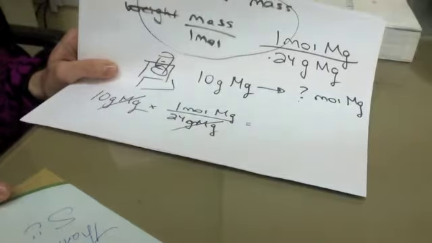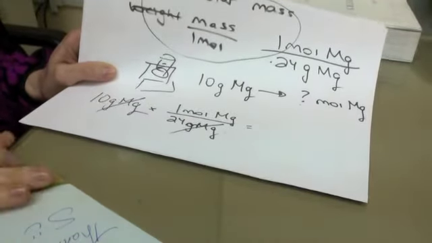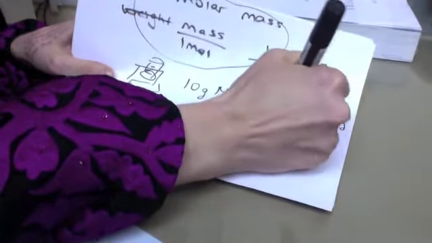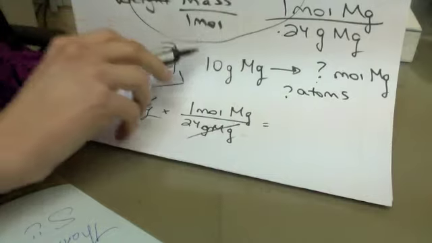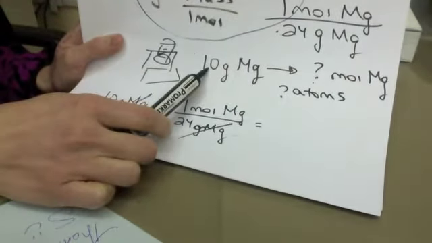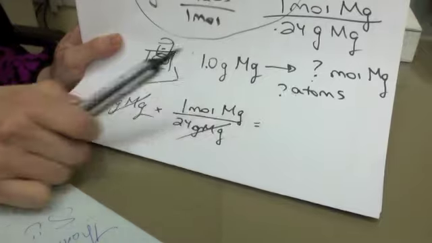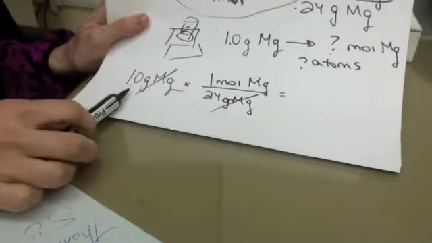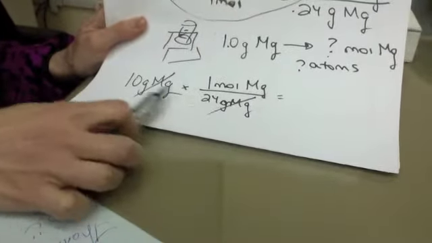What if I took it a step further, though, and I said, wait a minute, I want to know how many atoms of magnesium in 10 grams, okay? I want to know in 10 grams of magnesium, how many magnesium atoms are there? Now, the first step is going to be the same. I can convert from grams of magnesium to moles of magnesium.